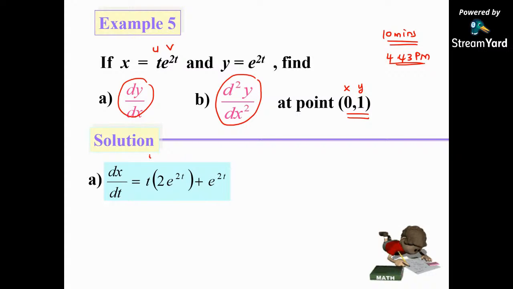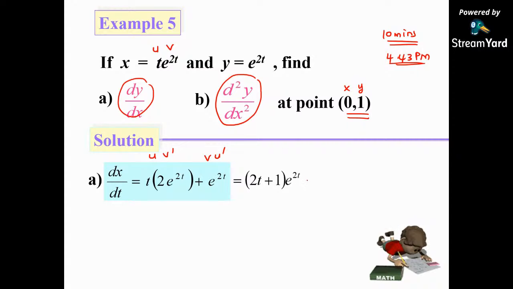So u v prime plus v u prime. So u is t, differentiating e to the power of 2t is 2e^2t, plus e to the power of 2t, differentiate t, we are going to get 1. So now this is actually (2t plus 1) e to the power of 2t.